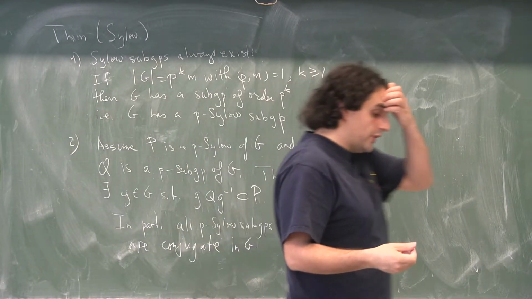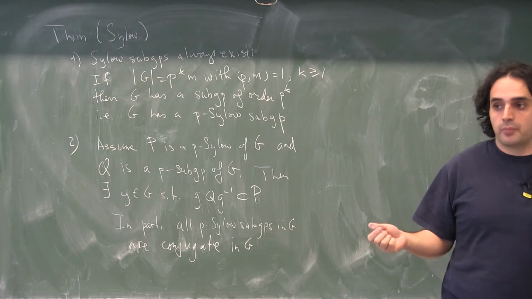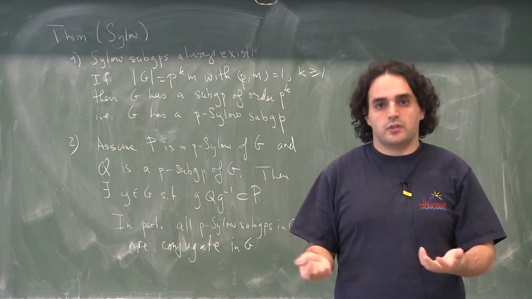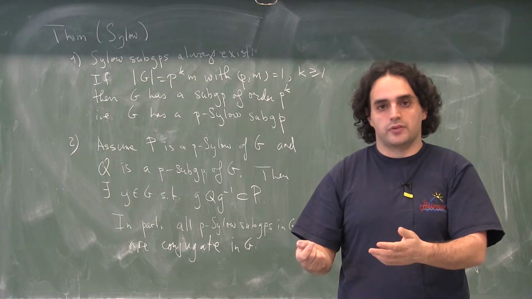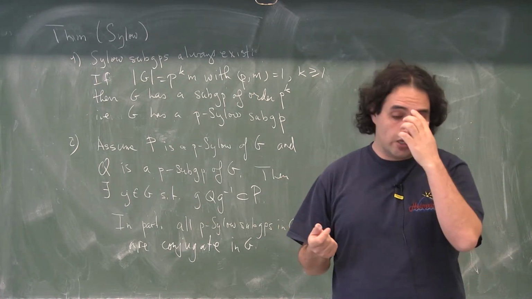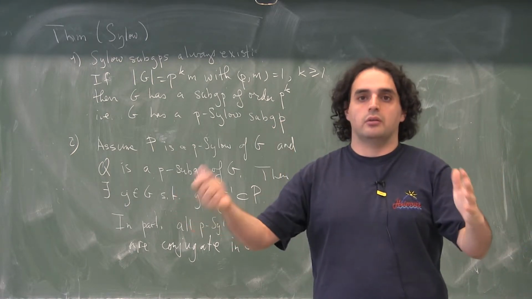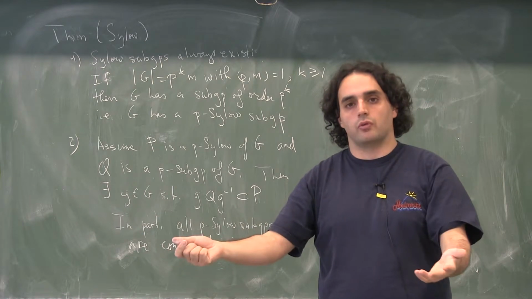So if you take a P Sylow subgroup and you conjugate it by some element of G, then it's easy to see that you get, again, a P Sylow subgroup, because conjugation is an automorphism. So in particular, you conjugate a subgroup of order n, you get another subgroup of order n.